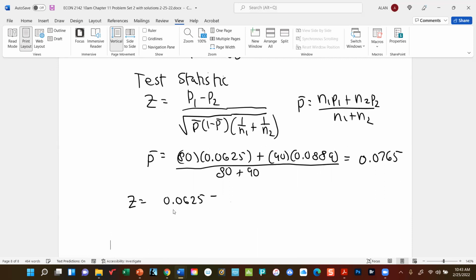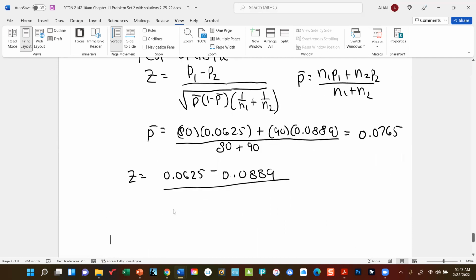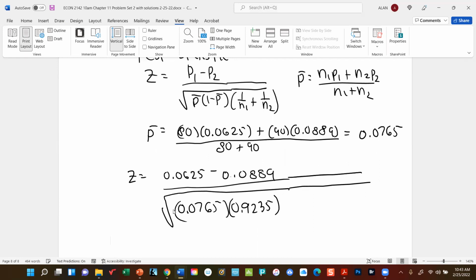In the numerator, we subtract these two. Ooh, this one's tricky. So we have 0.0765, and then this will be 1 minus 0.0765, times 1 over 80 plus 1 over 90.